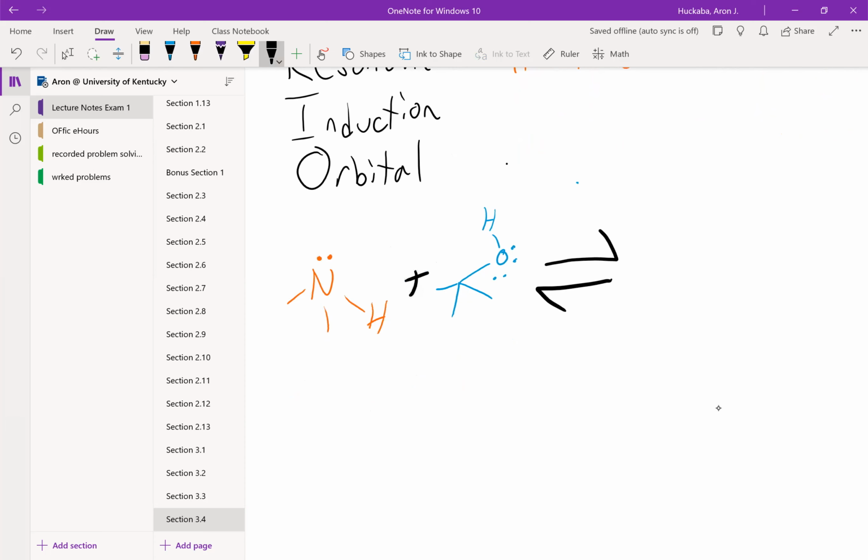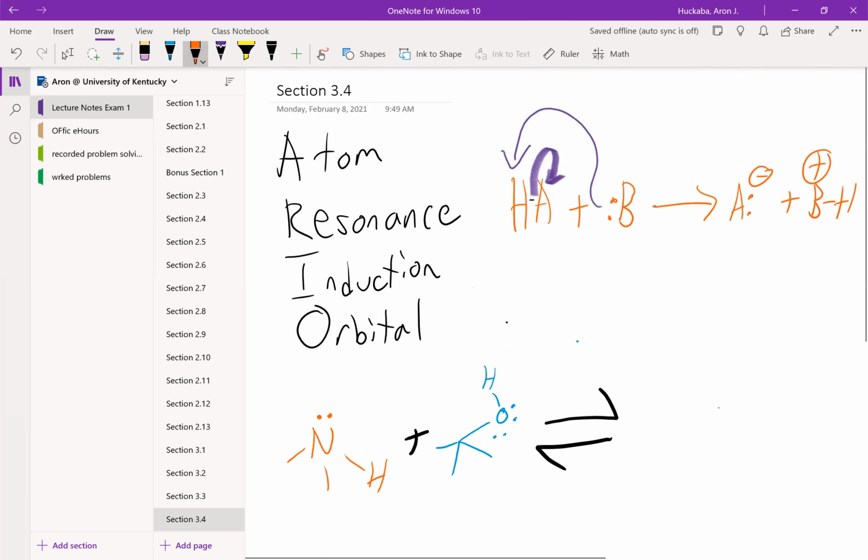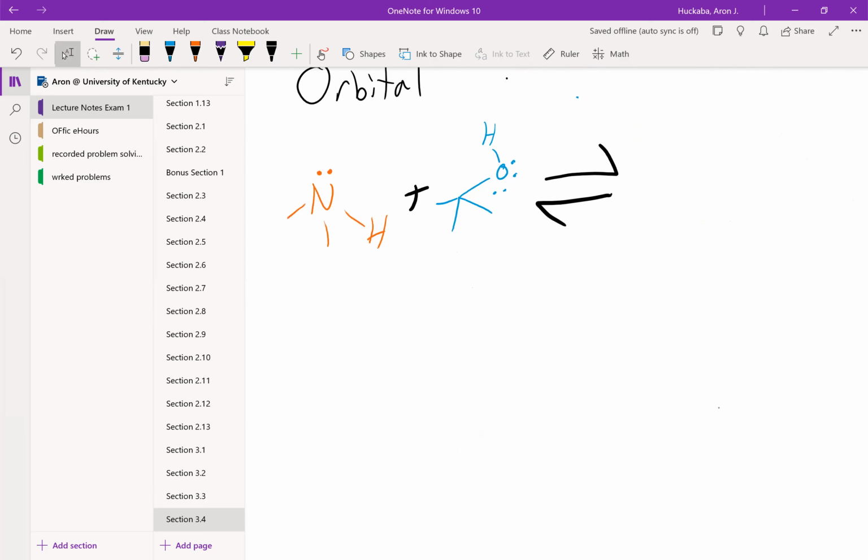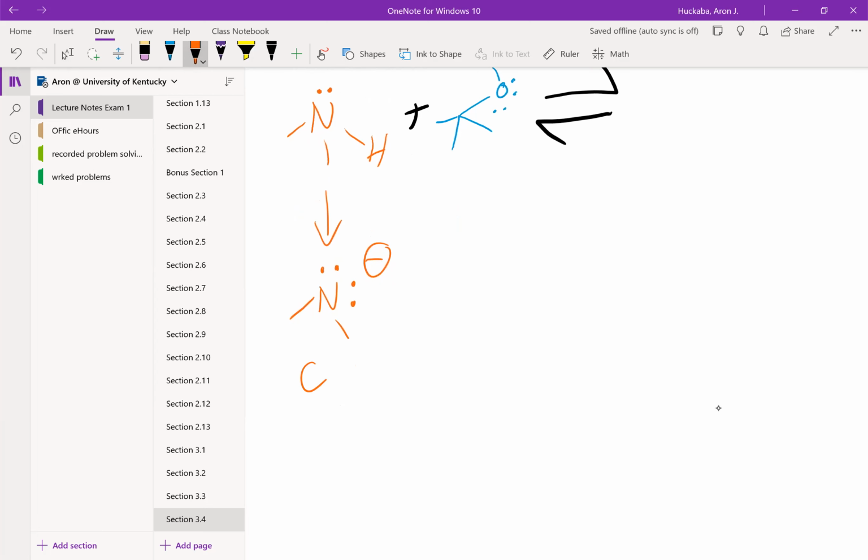So looking at the nitrogen, the first rule that we do every time when we're looking at a qualitative assessment, like using ARIO, is we have to draw the conjugate base of our molecule in question. So first we draw the conjugate base. There we are. That's the conjugate base. I'll put CB down here for conjugate base.